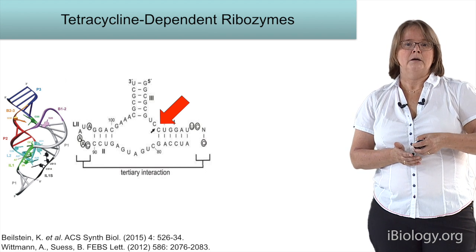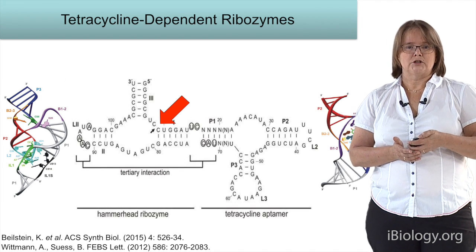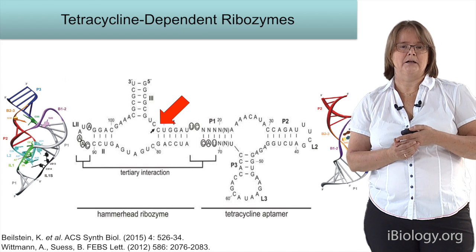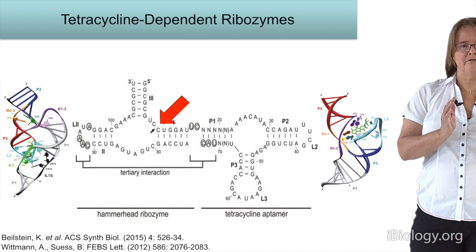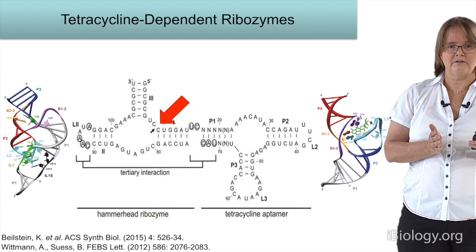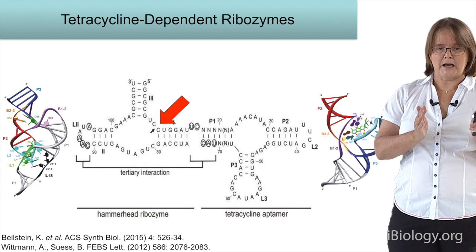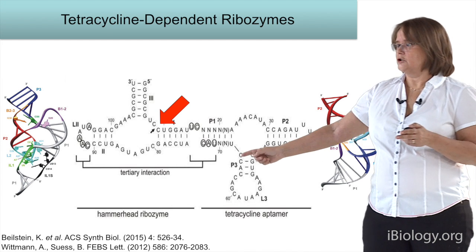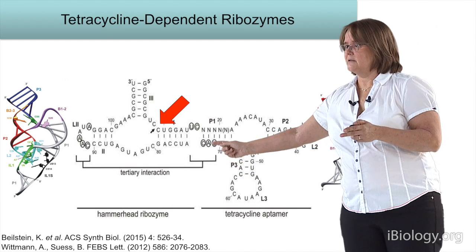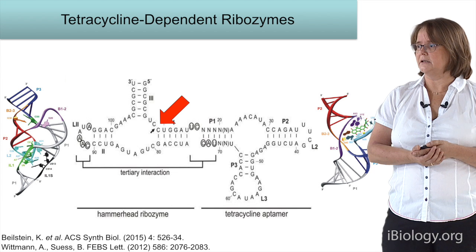And then we attached our tetracycline aptamer on the right side. And very important for the activity of the ribozyme is the loop-loop interaction, which is shown here between this loop and the loop on the other side.